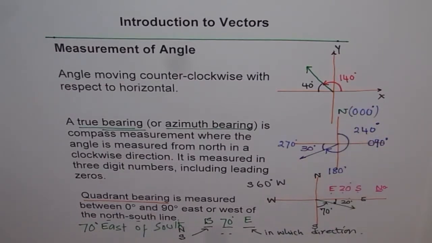True bearing angle is the angle clockwise from north. And quadrant bearing angle is the angle between 0 to 90 degrees of the north-south line, and we have to mention in which direction, whether it's towards east or towards west. So that is how we will be giving direction to our vectors in the following chapters.